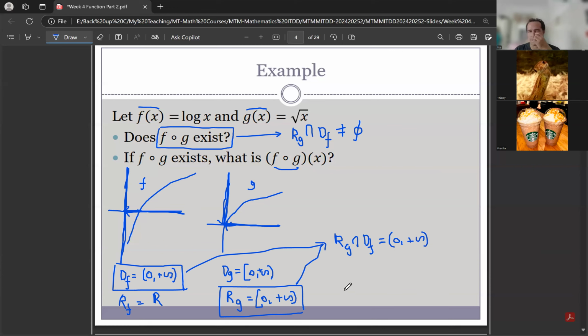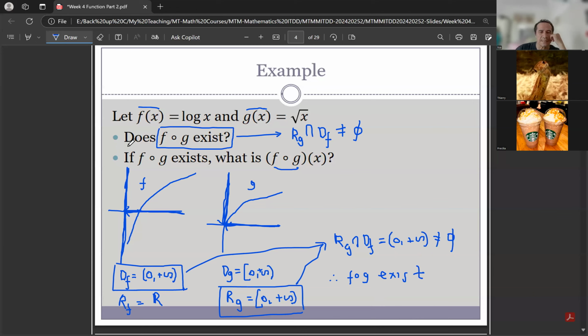Actually, we only need them to be non-empty sets, and of course this is non-empty, so the condition is fulfilled. We can answer that f∘g exists. This is our answer.